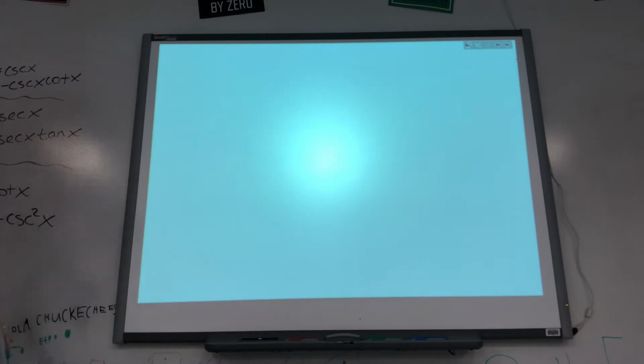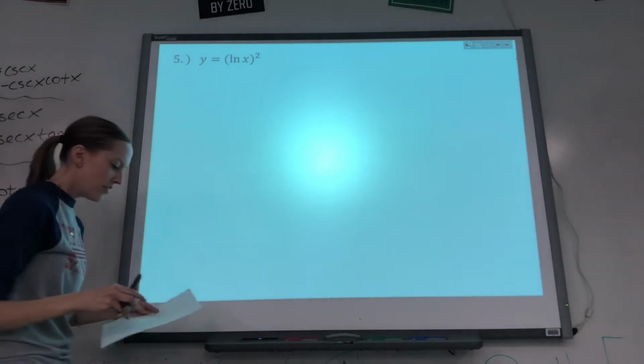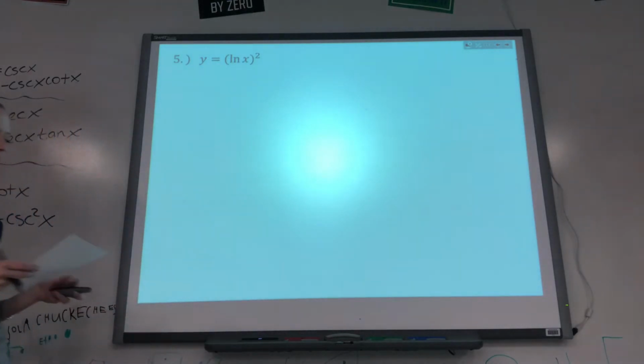Okay. I'm going to keep rolling here. So, example 5. What do we have? Y equals the entire natural log of x squared.